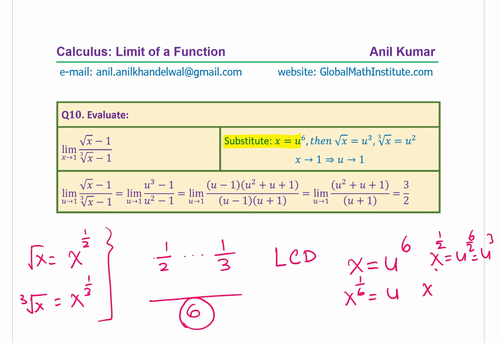And x to the power of 1 over 3 will be u to the power of 6 by 3, or u squared. You get it? That is how you have to do the substitution. Once you do that, then you get all this. Correct? So we substituted x as u to the power of 6, and then we figured out that square root of x is u cubed, and the cube root of x is u squared.